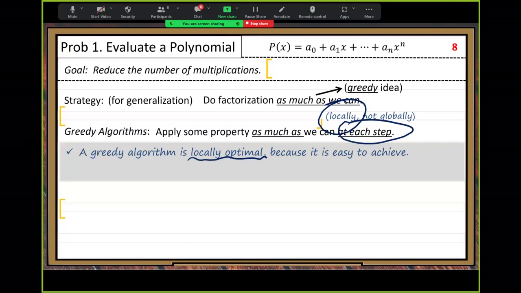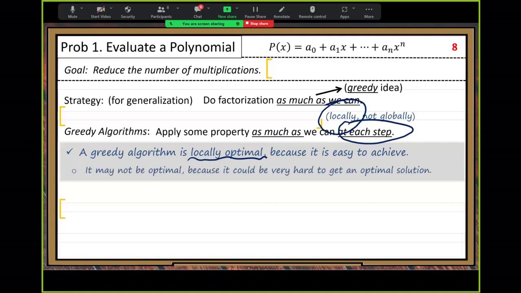People cannot find an easy way to have the global optimality. That's the reason people take the simple way, only ensuring the local optimality.